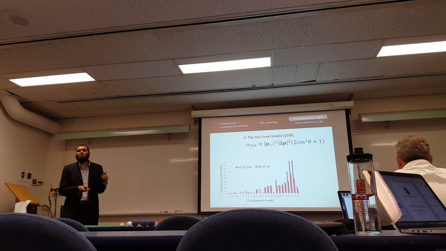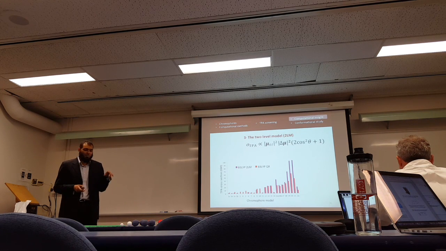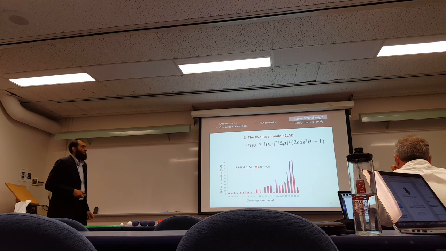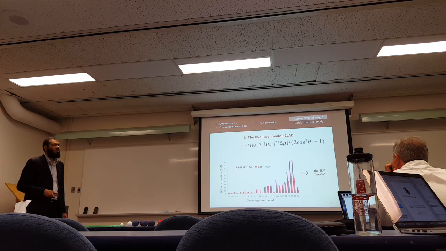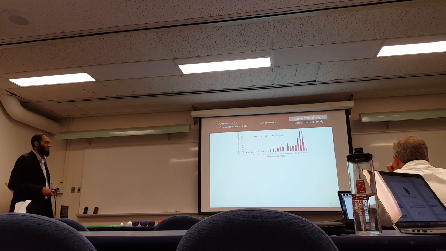And I told you that to get the very proper trend and absolute values, you have to include more than just two levels. But in the end, we're getting the correct trend. So the two-level model sort of works, and this is what we need.